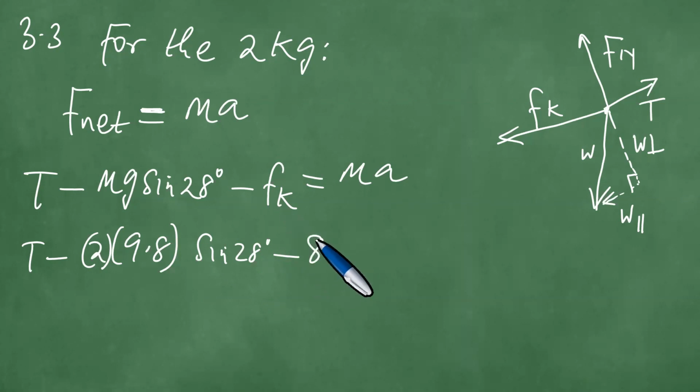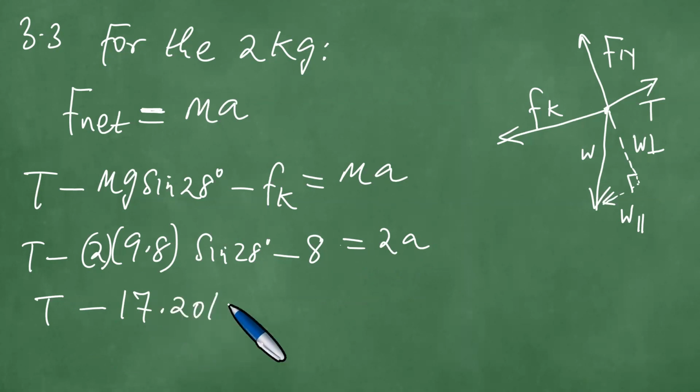The kinetic friction force is exactly 8 newtons for the 2 kilogram block, as given. This equals 2 kilograms times the acceleration of the system. T minus these two terms on a calculator gives T minus 17.201 equals twice the acceleration.